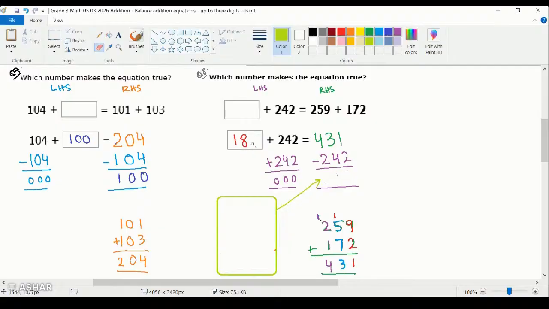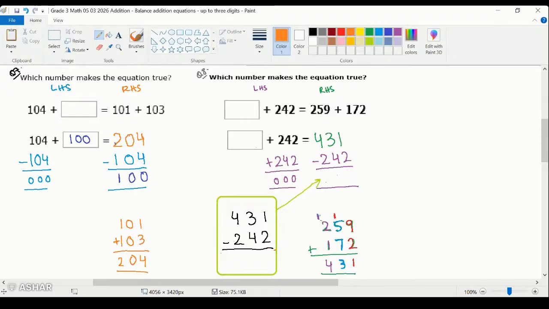Let's say we still have the missing value. We don't know the answer. There is 189. Let's do the working. 431 minus 242. Perfect. Thank you, Hyper.